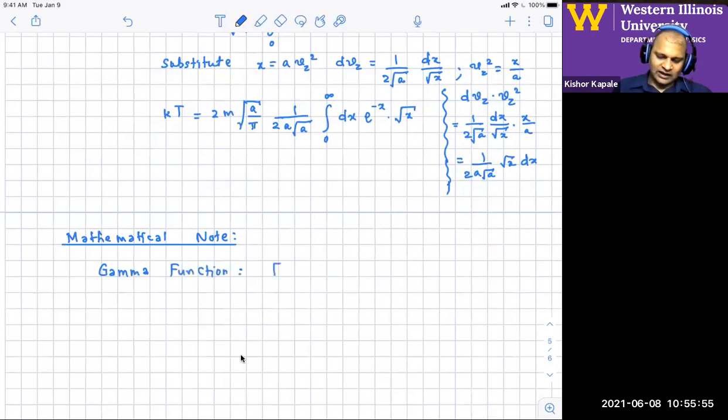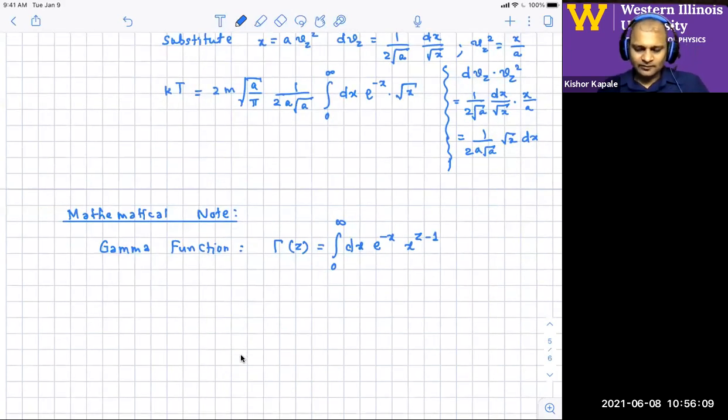Which is defined as gamma of z equal to the integral from 0 to infinity dx e to the minus x, x to the power z minus 1. Okay. And then there are some interesting properties of the gamma function. The integral that we are trying to do is x to the power half, right?